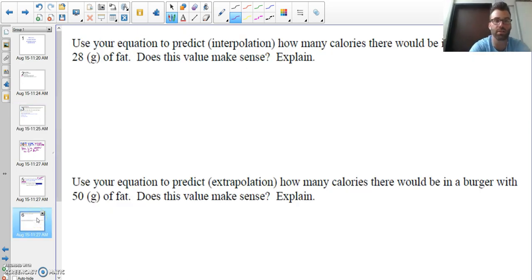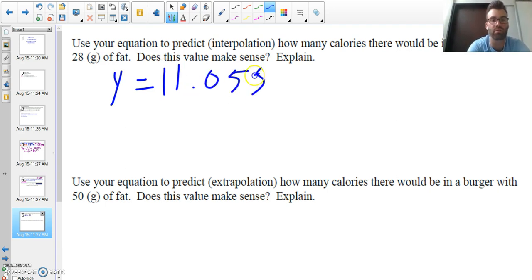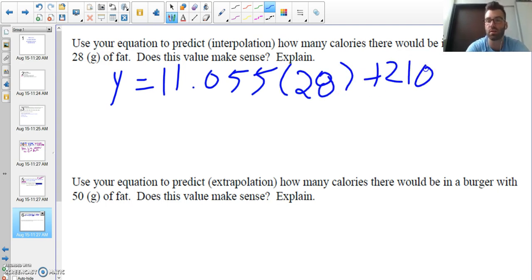So if I were to plug this into my equation, it'd be y equals 11.055, and then x went here, so I'll put 28 instead, plus 210.9537. Now remember what I said, writing as many decimal points as possible is a good thing.